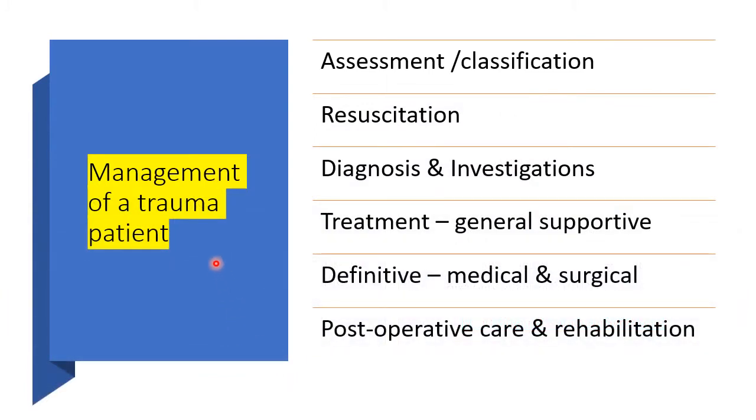Good management of the trauma patient involves first assessment and classification, resuscitation, diagnosis with the various imaging investigations, and treatment, which initially is general and supportive, followed by definitive medical and surgical treatment, and then post-operative care and rehabilitation.